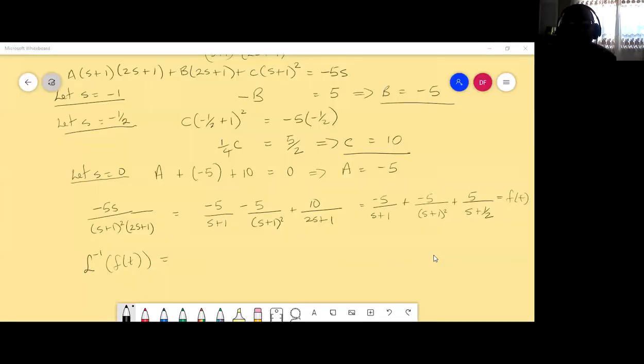All right, so we have said that this is going to be equal to minus 5 e to the minus t. And the next one is going to be minus 5 t e to the minus t. And the next one is going to be 5 e to the minus a half t.